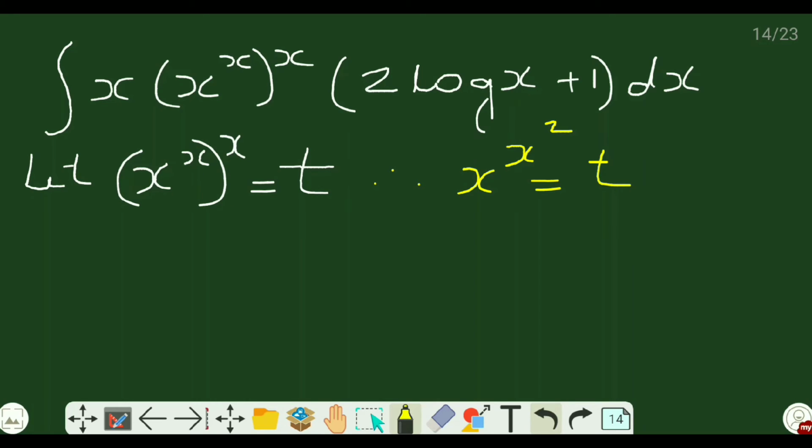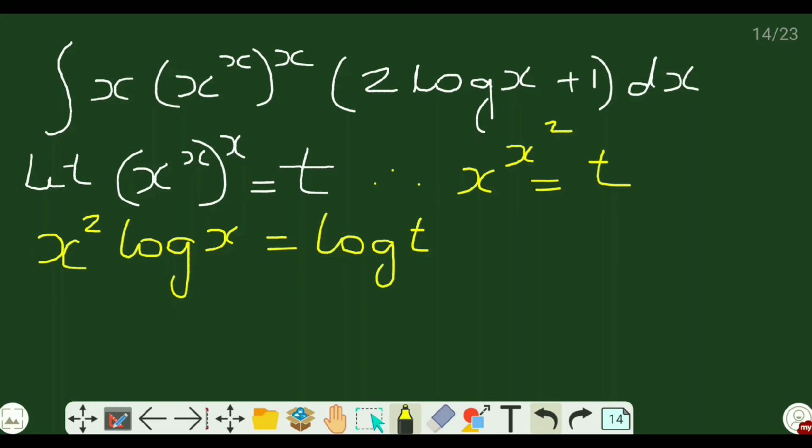Certain sums had to be done this way, by taking log on both the sides. So we take log on both the sides and get log x raised to x square. We can simplify that one step further, that is we can write x square log x, which is equal to log t.